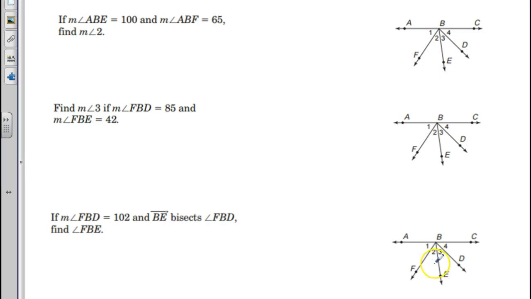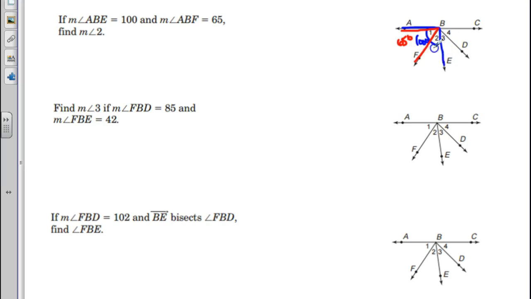These three figures are obviously exactly the same figure, and they will go with the three problems to the left. We want to be able to mark them up, so I copied them 3 times for you. All right, if the measure of angle ABE, so let's go ahead and mark that. There's ABE, is 100. So the whole thing is 100 degrees, and ABF is 65 degrees.